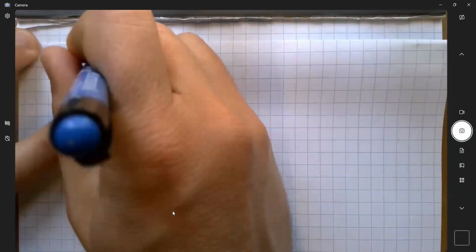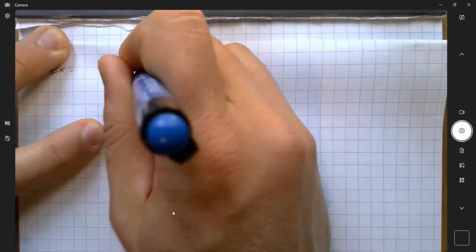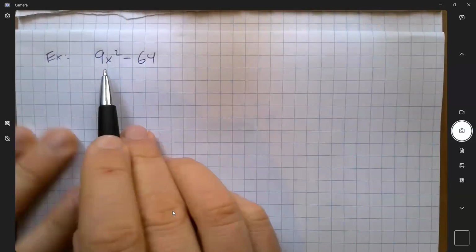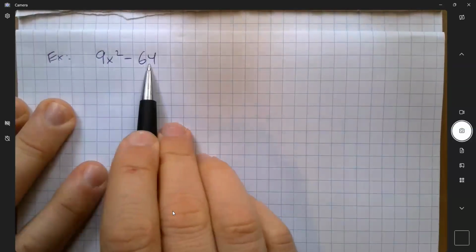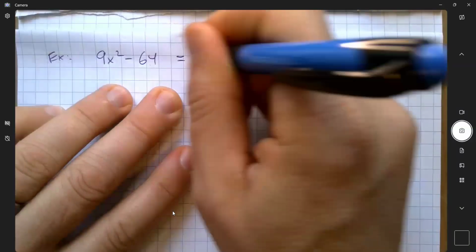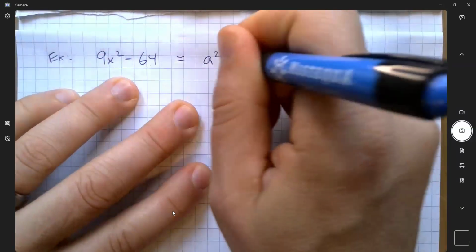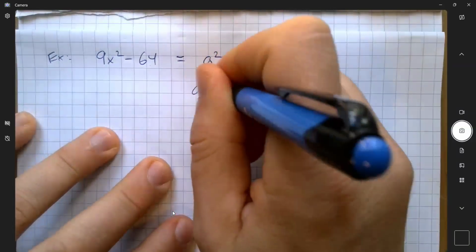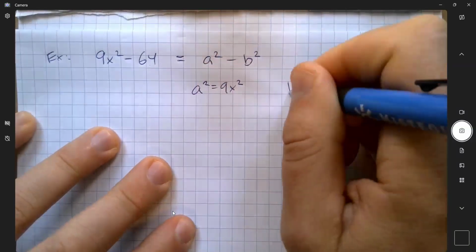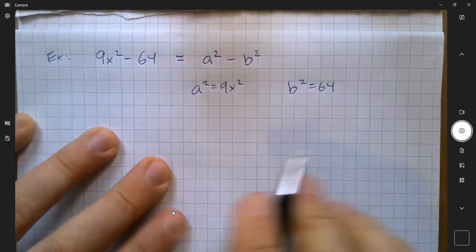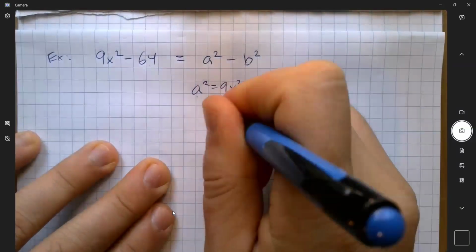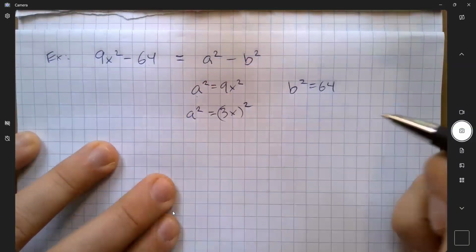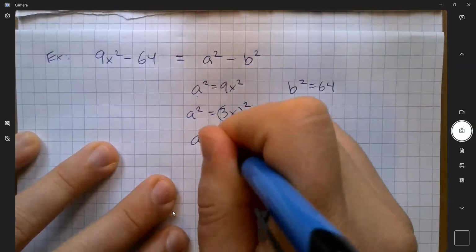Let's do as an example 9x squared minus 64. I see an x squared term and a minus another term. So I'm going to think about it as special case number 3, a squared minus b squared. A squared equals 9x squared and b squared equals 64. So 9x squared, I can think of as 3x quantity squared, which means that a is just 3x.